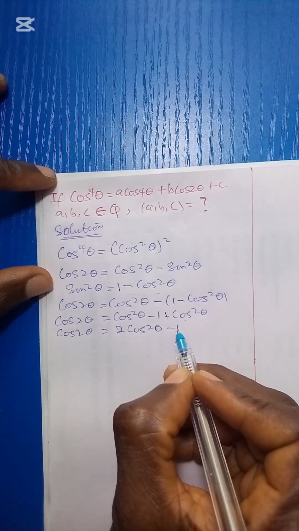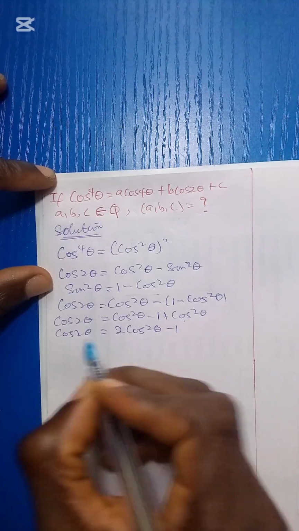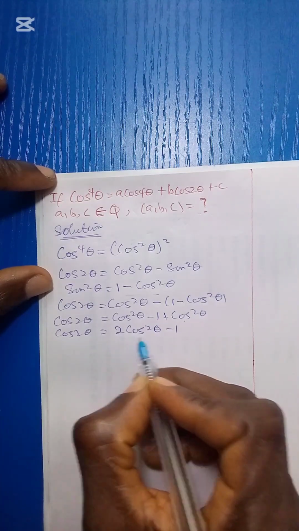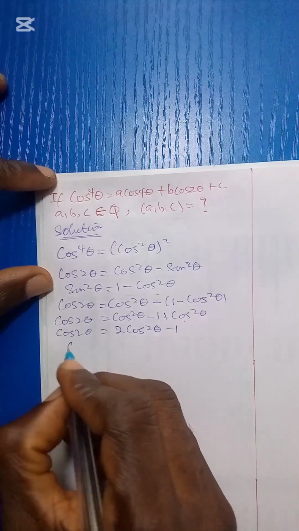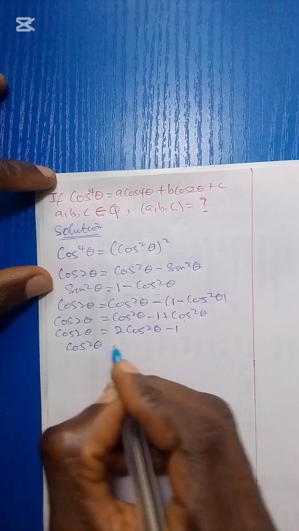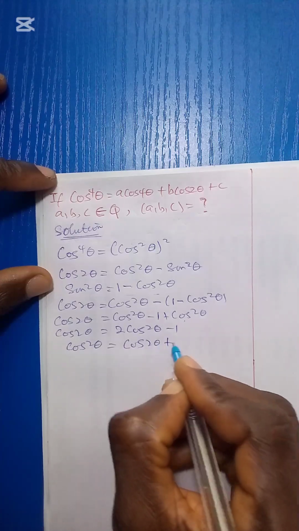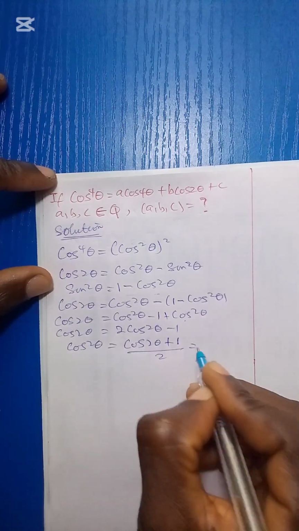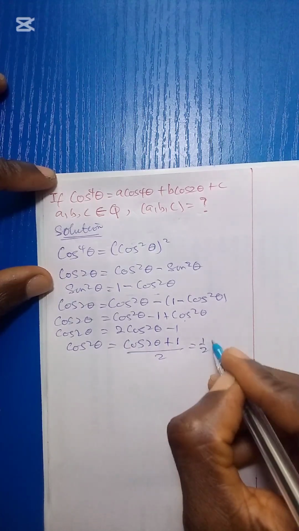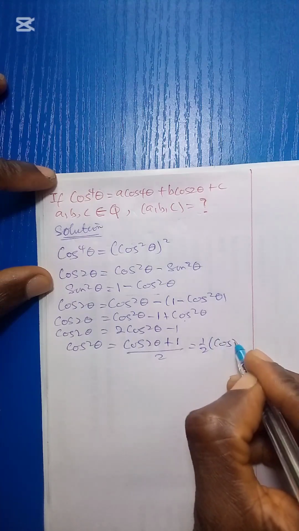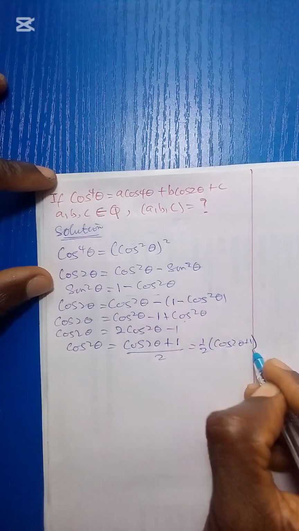Now let's take every other thing to the other side and make cos square theta the subject. So cos square theta is equal to (cos 2 theta plus 1) all over 2, or 1 over 2 bracket cos 2 theta plus 1, close the bracket.